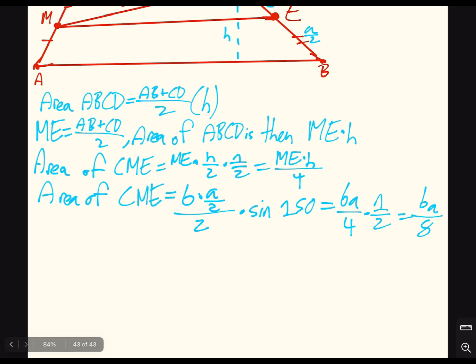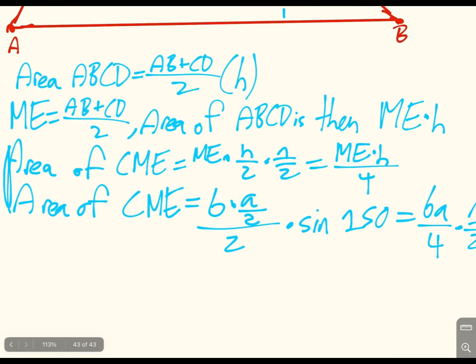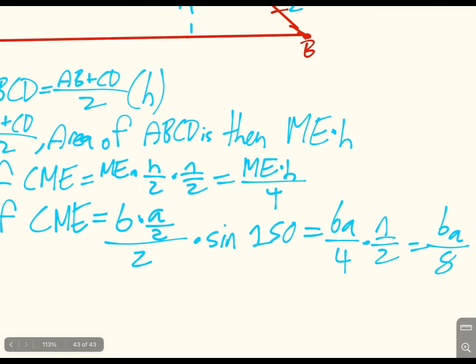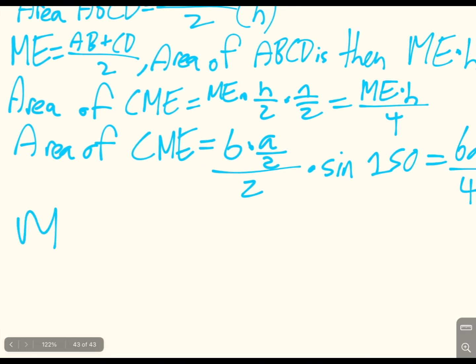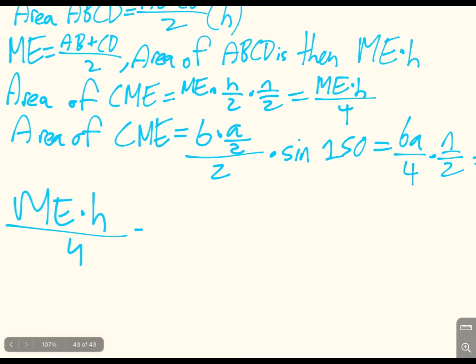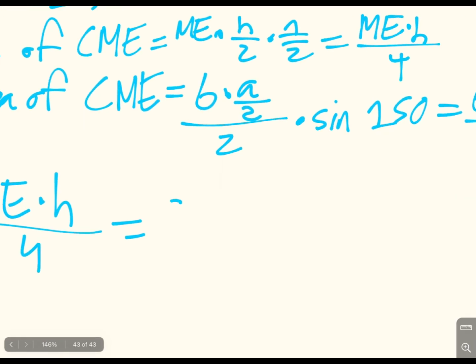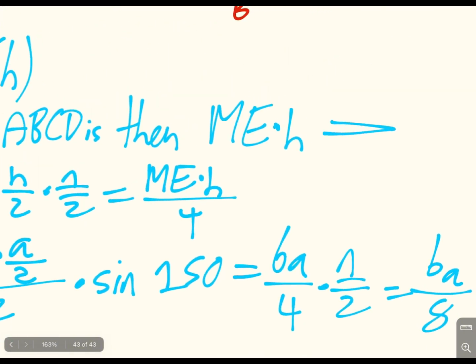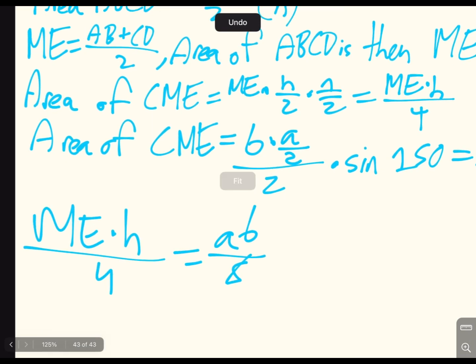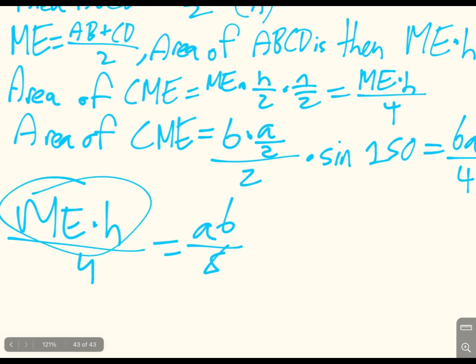And now we have these two areas of CME, which are ME times H over 4, and then B times A over 8. So we have that ME times H over 4 is equal to AB over 8. And we also know that the area of ABCD is ME times H. So we actually have the area here.